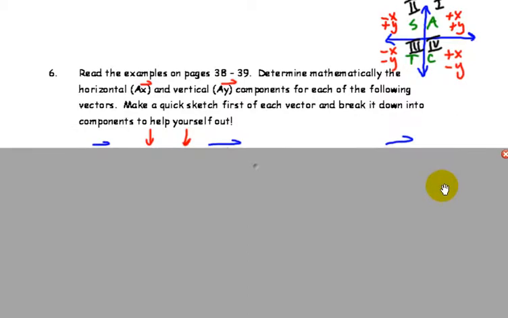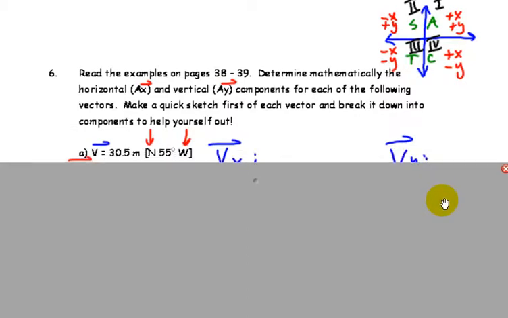If a vector lies in quadrant 1, it'll have a positive x and a positive y value. Quadrant 2, negative x, positive y. Quadrant 3, negative x, negative y, and quadrant 4, positive x, negative y. You likely learned one of those acronyms to remember which is positive and which is negative.